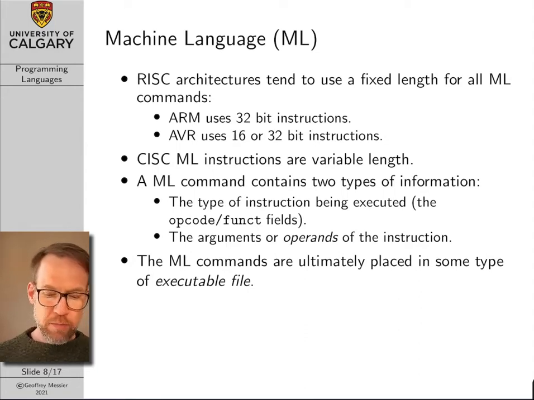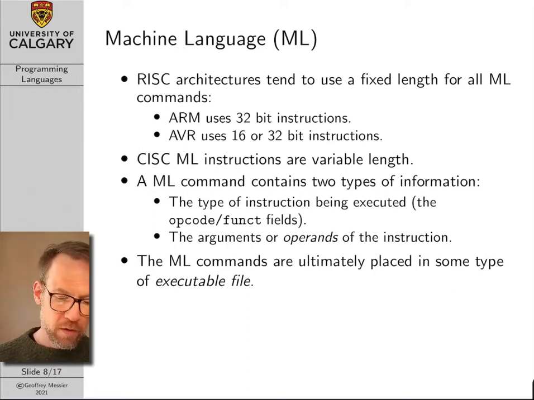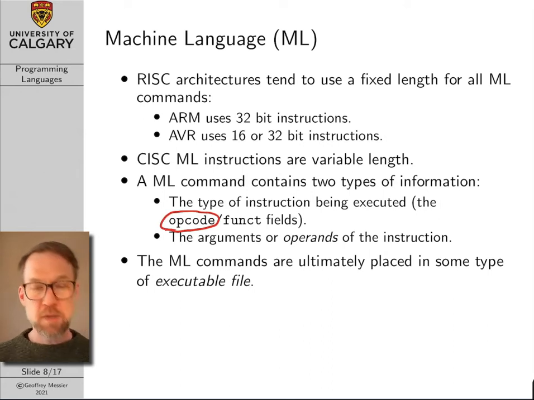A machine language command contains two types of information. The first is a field, sometimes called the funct field, but usually called the opcode field, that specifies the type of instruction being executed. So the opcode will say this is a multiply instruction, or this is a load memory instruction, or this is a store memory instruction. So these opcodes are basically labels that indicate what kind of instruction the processor needs to execute.